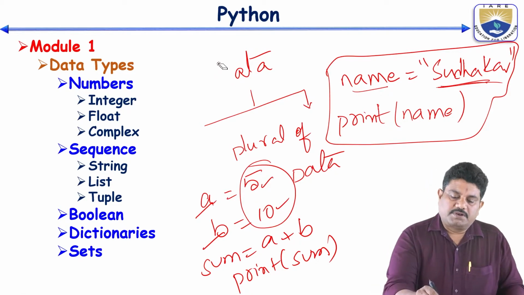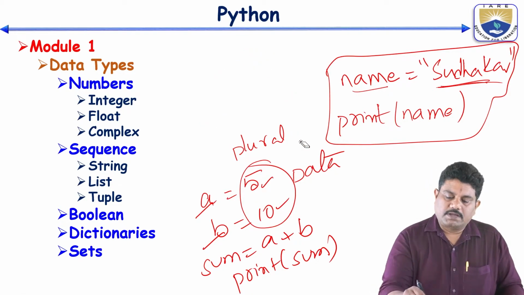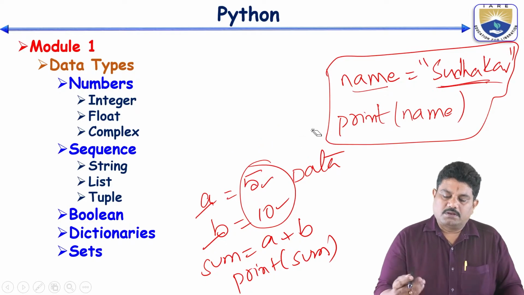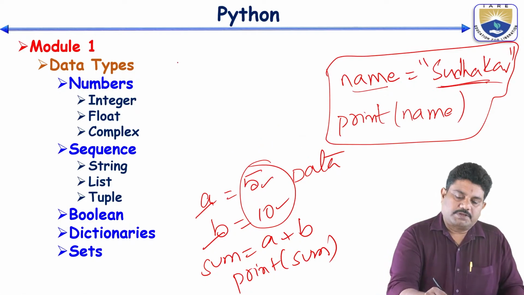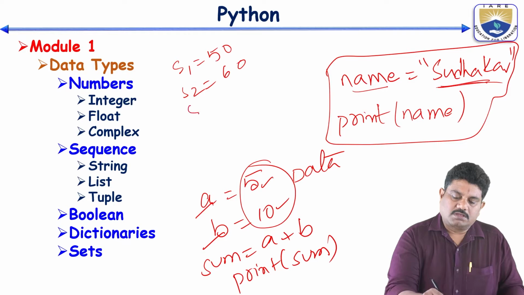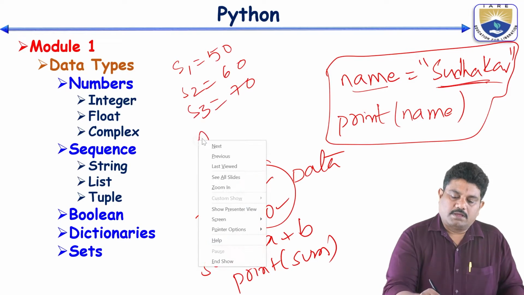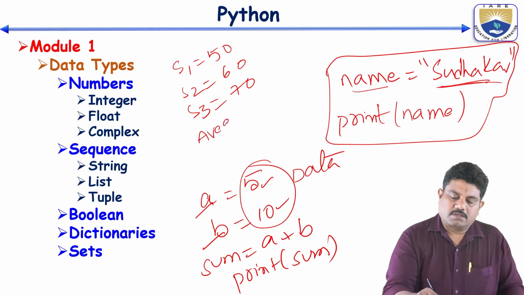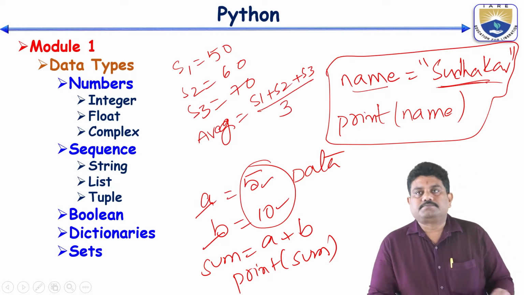And suppose you take another example: subject 1 marks 50, subject 2 marks 60, subject 3 marks 70, and average of 3 subjects is S1 plus S2 plus S3 divided by 3.